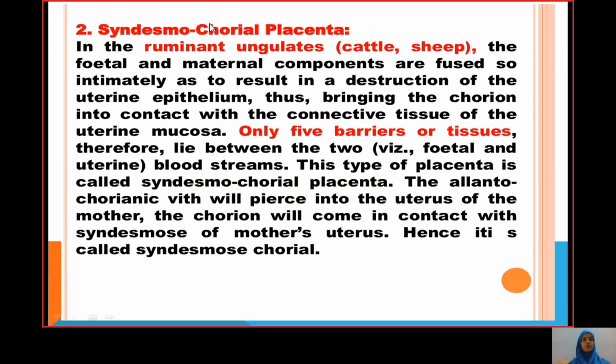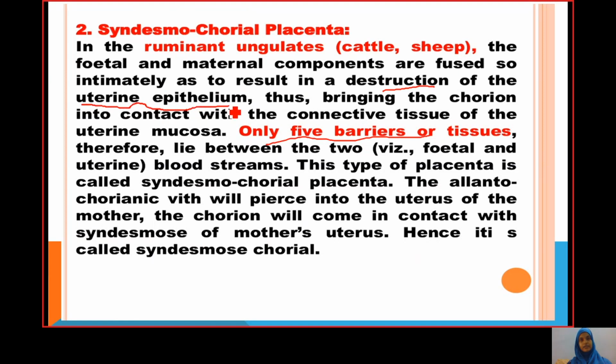This syndesmochorial, already we discussed, only 5 barriers are present, means only 5 layers. In the ruminant ungulates like cattle and sheep, the fetal and maternal components are fused so intimately as to result in destruction of the uterine epithelium.